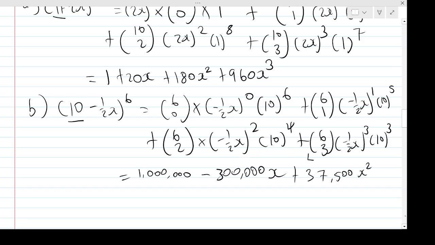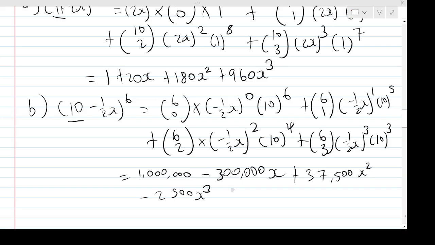Okay, and then the final part, we have 6 choose 3, which is 20, then minus a half all cubed, that gives minus 5 over 2, times it by 10 cubed, will be minus 2,500 x cubed. And there we are then, that's the first 4 terms there.